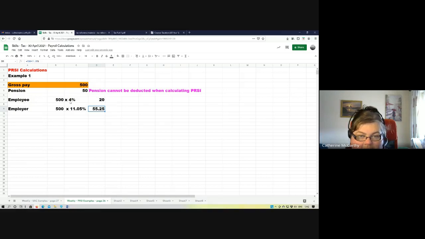Okay, so once you're over €352, the employee is paying PRSI at 4%. And then the employer is paying 11.05% once the pay goes over €395.